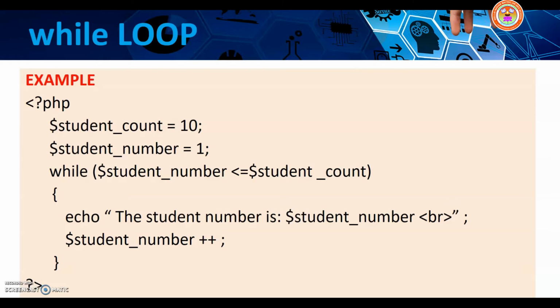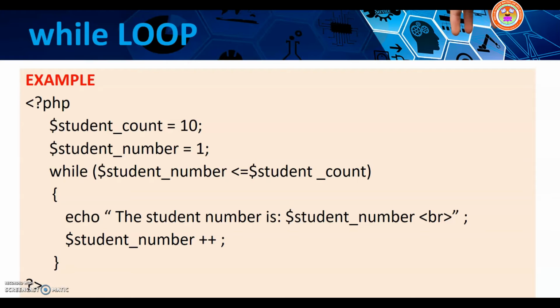For each and every iteration, these two values are compared, but after the execution of the body of the loop in the block code, it is given clearly to increment the value.